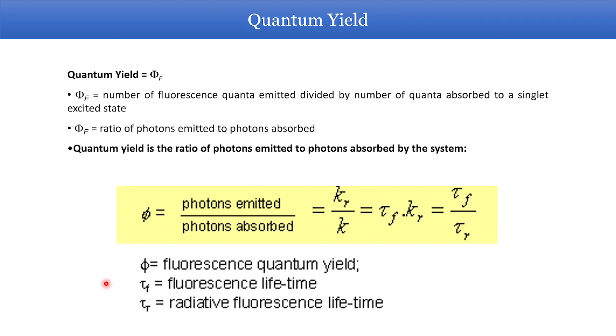In simple words, it is the ratio of photons emitted to the photons absorbed by the system. This one is the fluorescence quantum yield. So we have photons emitted by photons absorbed. Then we have the fluorescence lifetime and the radiative fluorescence lifetime.